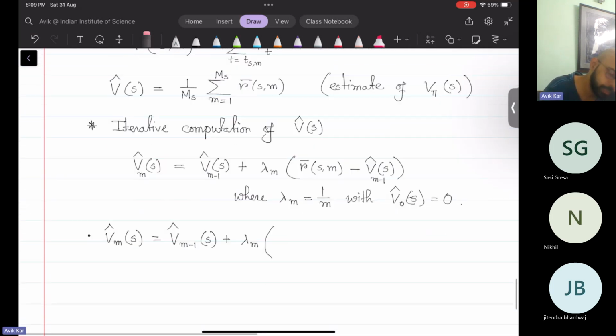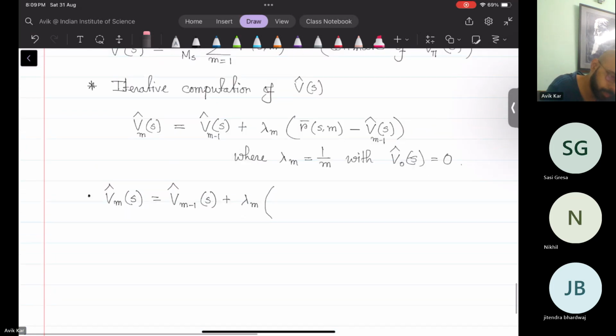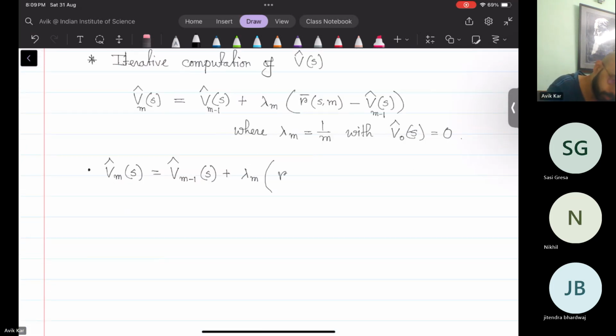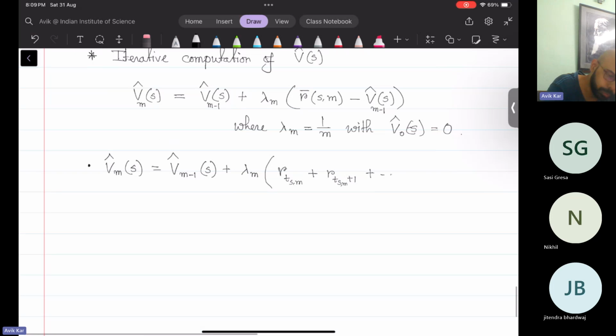So we can replace R bar(s, n) with this sum: R at T(s, n) plus R at T(s, n) plus 1, and so on till R at capital T, minus V hat(m minus 1)(s). Now we manipulate the last term with some plus and minus terms.